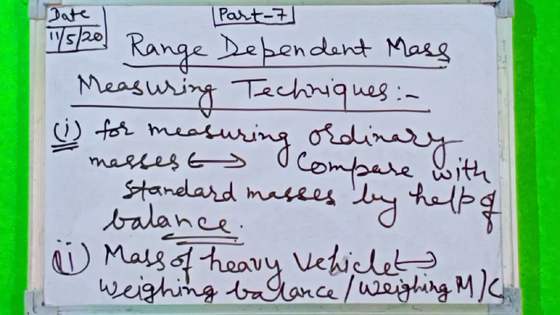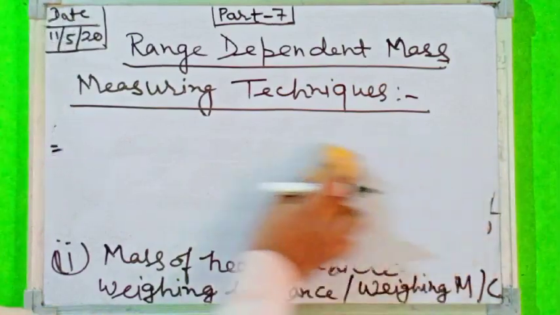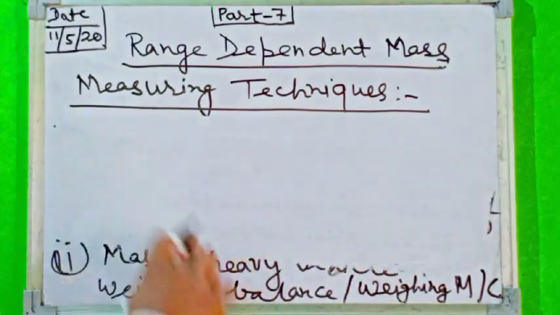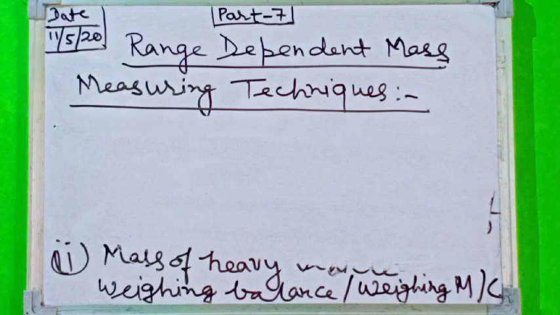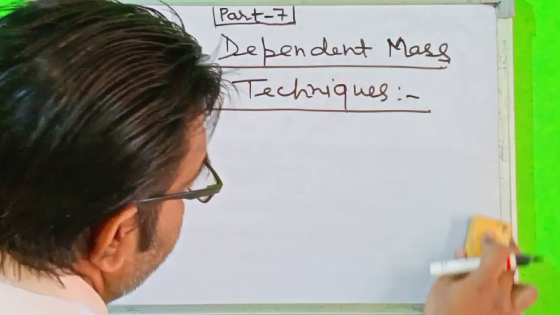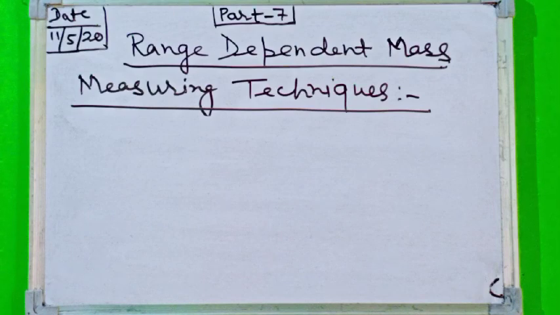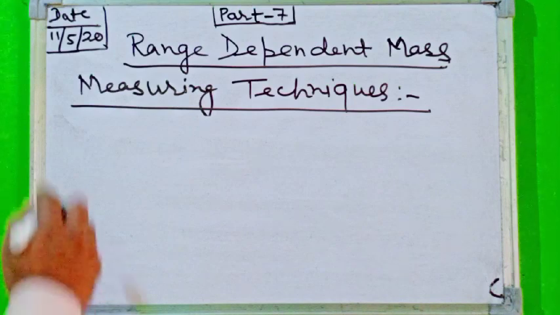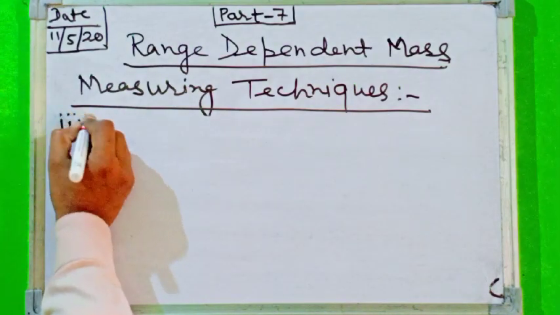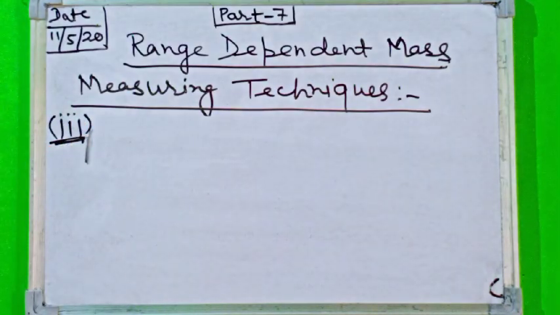Now for the measurement of bigger masses like the mass of the earth, the mass of the universe, some indirect methods are used. These were the direct methods. Direct methods are those methods in which we compare the given physical quantity with some standard quantity and read out the value. That is called the direct method of measurement. Now we can't employ the direct method for measuring very big masses.